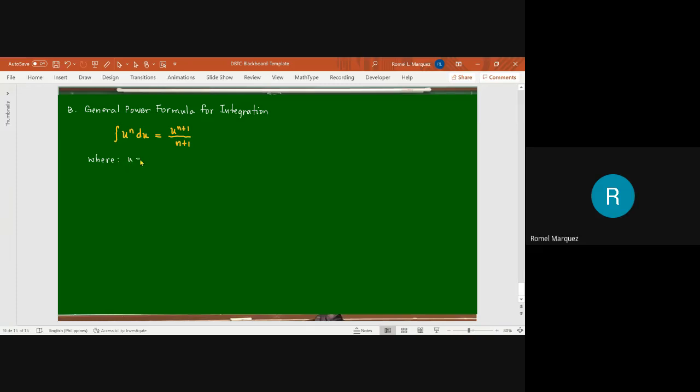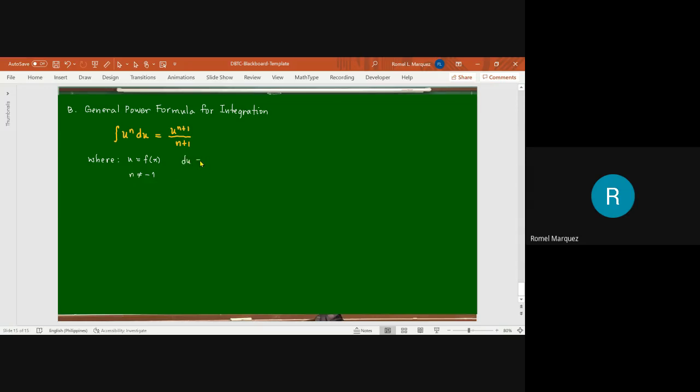And of course, du is the derivative of u multiplied by dx. So don't forget to add c. Plus c every time you evaluate the integral.